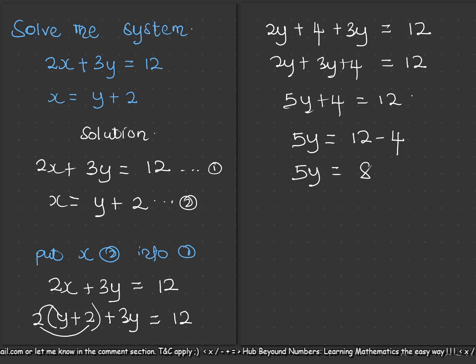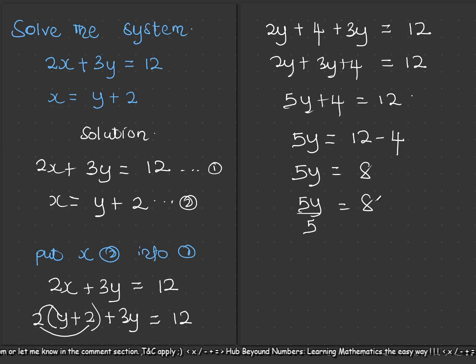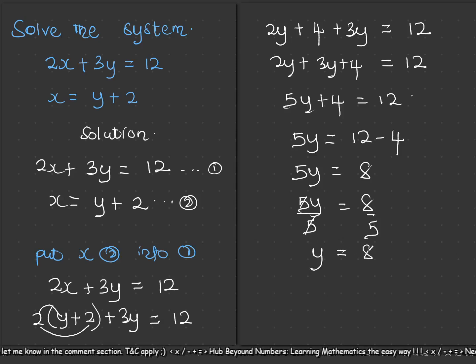Now, we want to make y the subject. So we would have to divide both sides by 5. And with that, this 5 here divides this 5. Now we'll be left with y. So y is equal to 8 over 5. This here is the value of y.